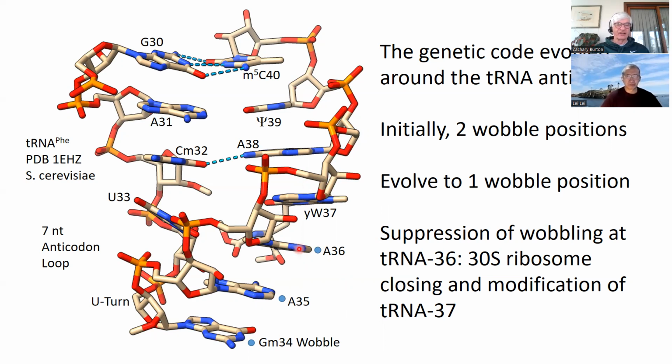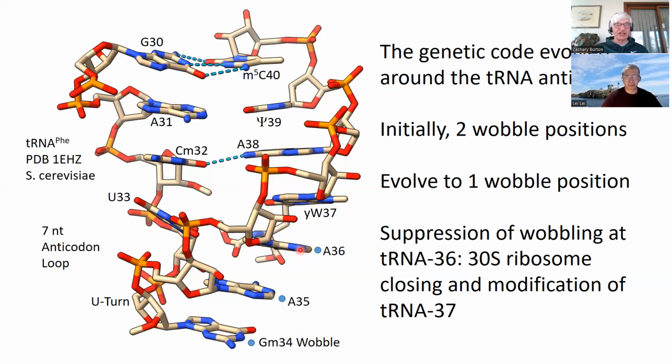And the other thing that makes this base a Watson-Crick position is a change in conformation of the ribosome that locks the mRNA and the tRNA together so that you enforce Watson-Crick geometry here and there, but allow and regulate wobbling at that position there.